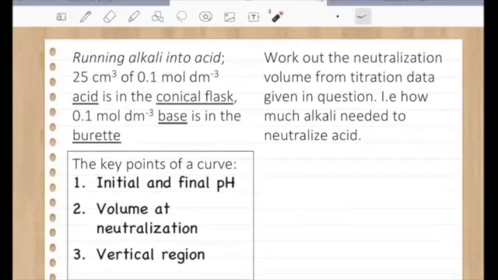So our pH is always reading the contents inside the conical flask. If you have acid in the conical flask, then your pH would be somewhere below 7. If you have base in the conical flask, then your pH would be above 7.